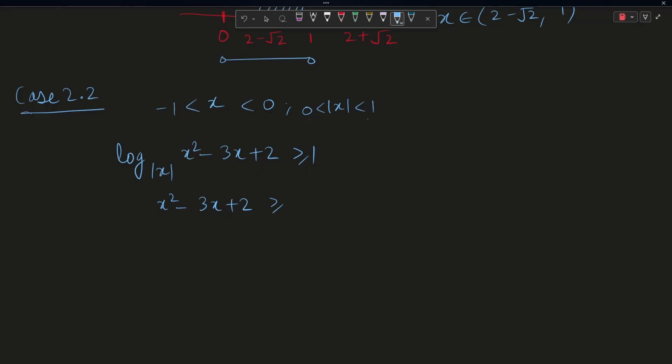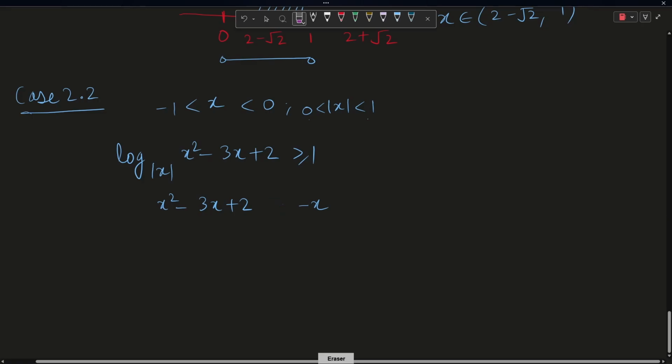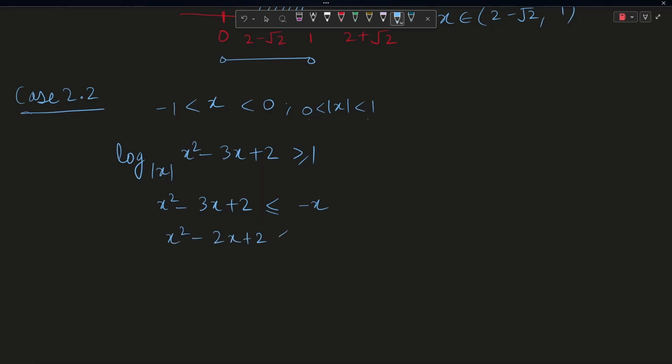Now we will open the mod of x as minus of x here, and the sign will reverse. So it will be like this. And on solving, x square minus 2x plus 2 less than or equal to 0.